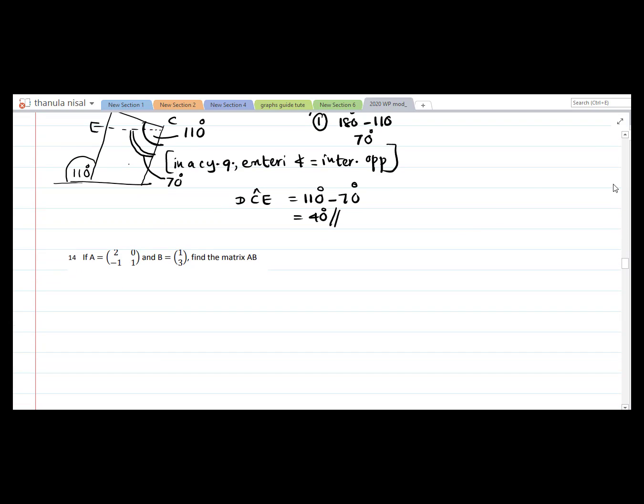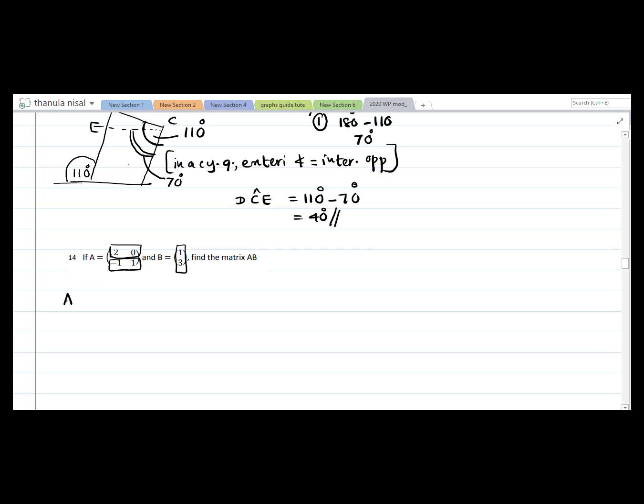Question number 14. This is regarding matrices. We want to find out the product of two matrices. First of all, mention them in this manner. Group them in this manner.